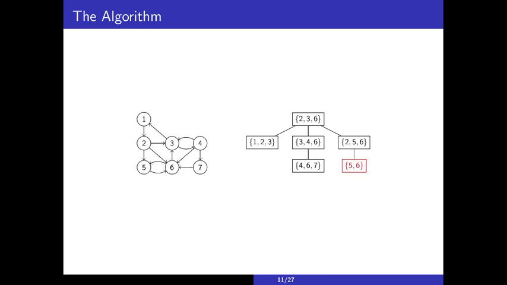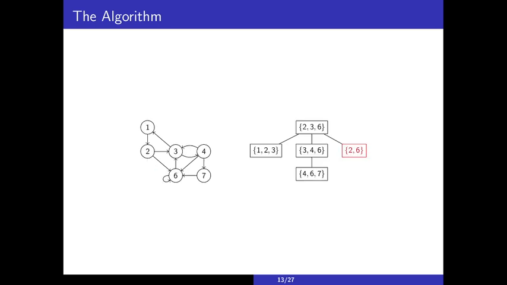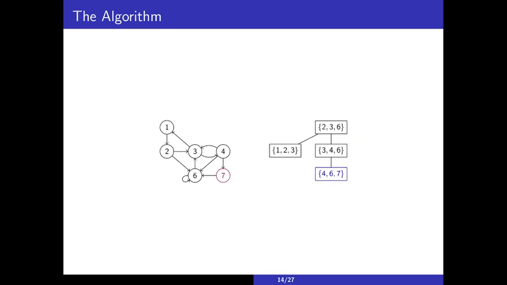The leaf bag containing vertex 5 and 6 is useless and thus removed. A leaf bag is chosen and vertex number 5 from that leaf bag is chosen to be removed. Again, we have a useless bag which is discarded. We choose a bag, we choose a vertex from that bag, and we remove that vertex from the Markov chain.